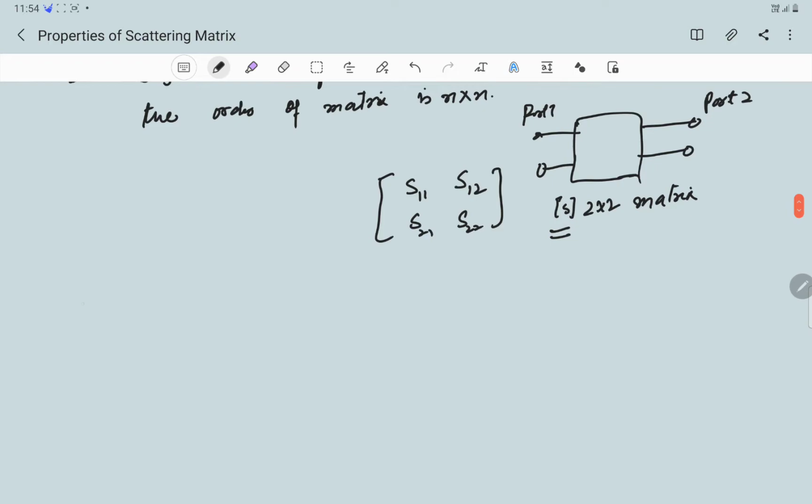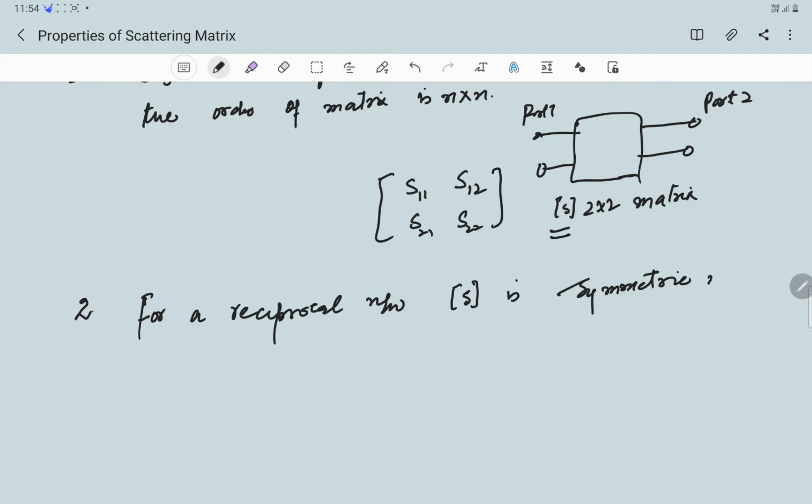Now coming to property number 2. For a reciprocal network, the S matrix is symmetric. That is, the S matrix is the same as the transpose of the S matrix. This is what symmetry means in mathematics: a matrix is said to be symmetric if its transpose is the same matrix.